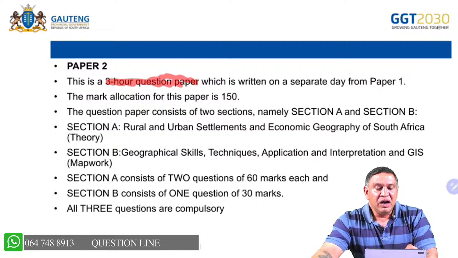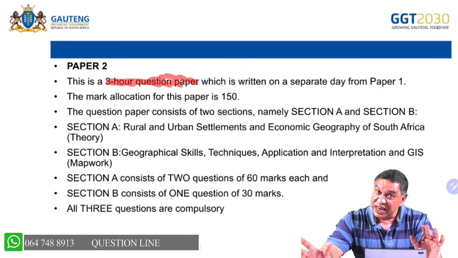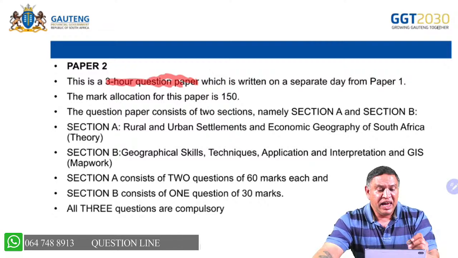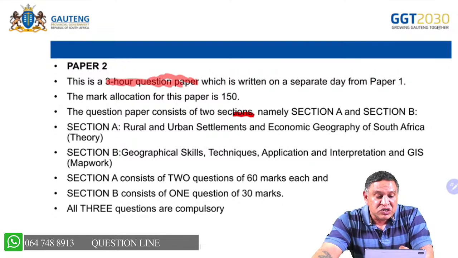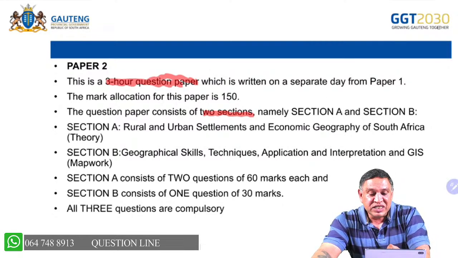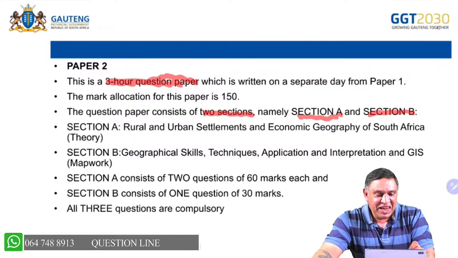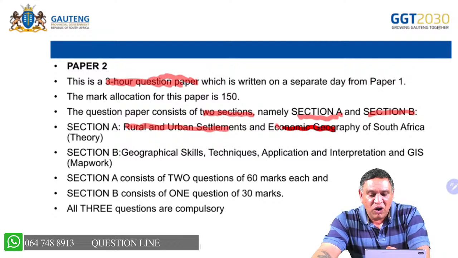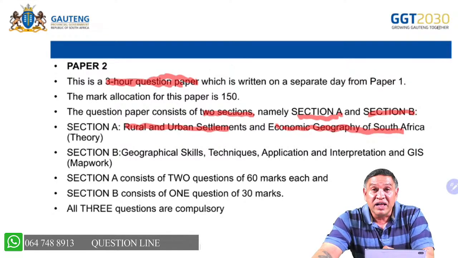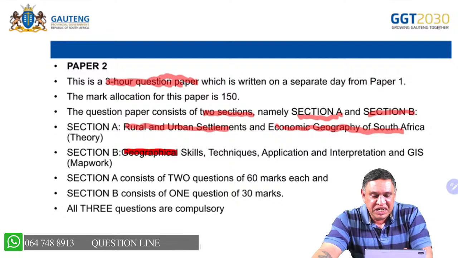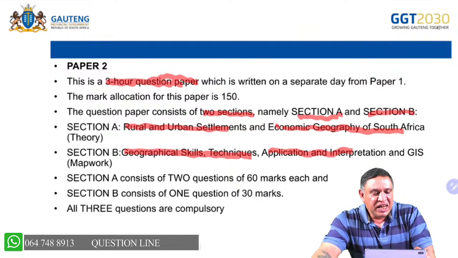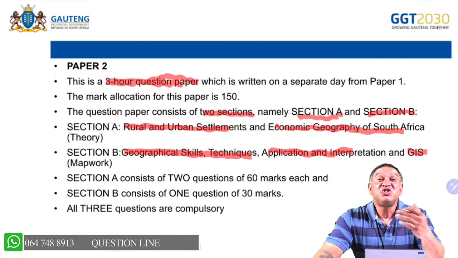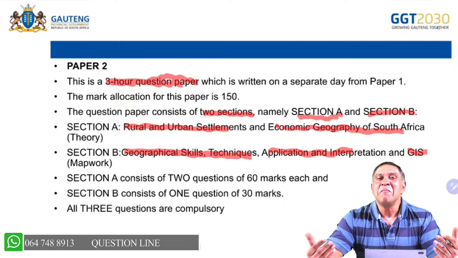You know already you're writing them on different days, and the question paper consists of 2 sections, Section A and Section B. Section A is your rural and urban settlements and economic geography of South Africa. And Section B is your geographical techniques, application, and GIS, what you commonly refer to as map work.